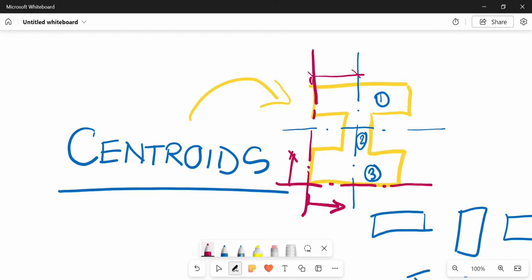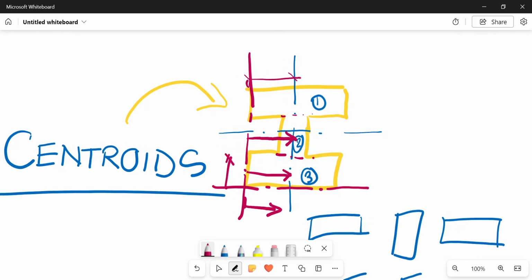Similarly, if you were trying to get your x bar for your second shape, and I'm assuming you would have divided them like that, still it will be from your point of reference to the middle of your second shape. Similarly for your third one. Then when we look at our y bars, we've said that we will be using the bottom as our point of reference. So you will be taking all your measurements from the very bottom to the middle of the shape in question.